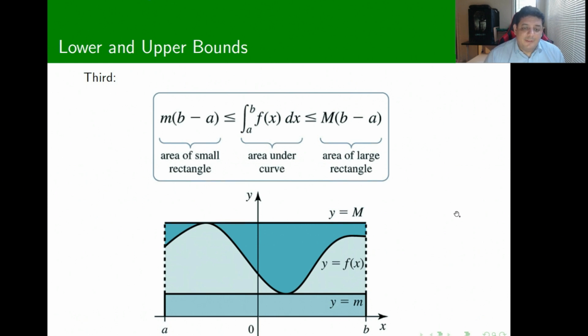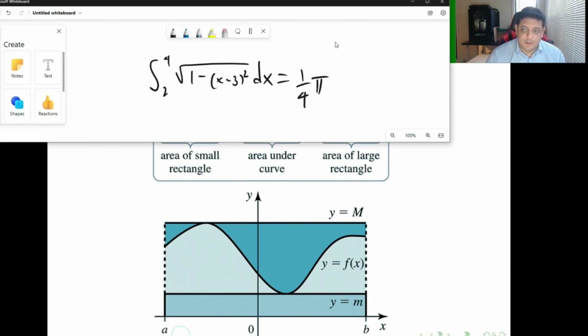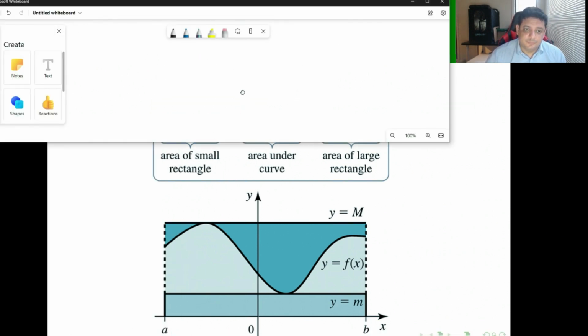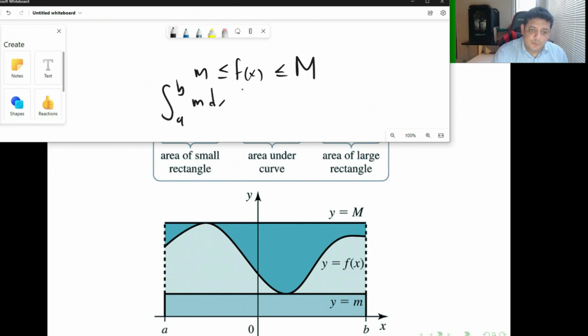Another thing that happens is that if the function is bounded, for example, if f of x is bounded between constants small m and big M, then we can integrate on both sides. Let me just show you this on the board. If f of x is bounded, you can say f of x is bigger than m and smaller than big M. So you do integration on both sides.